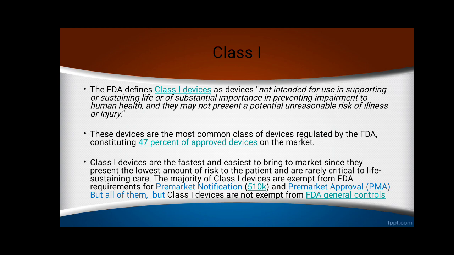Class 1 devices are the fastest and easiest to bring to the market since they present the lowest amount of risk to the patients and are rarely critical to life-sustaining care. The majority of Class 1 devices are exempt from FDA requirements for pre-market notification 510(k) and pre-market approval PMA. But Class 1 devices are not exempt from FDA general controls.